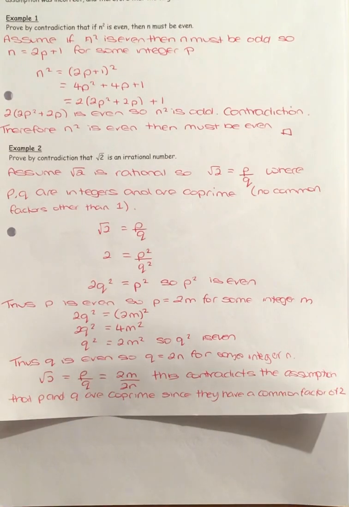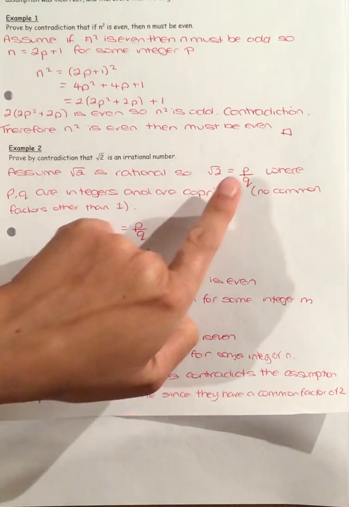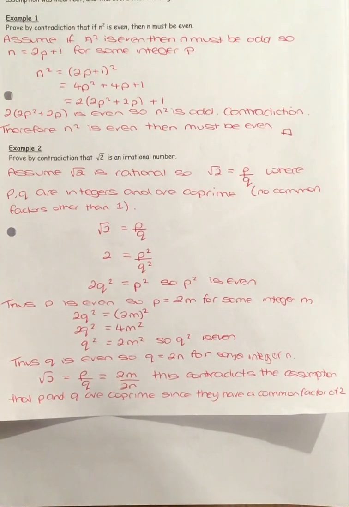So if they are not co-prime, then there is no way of writing root 2 as a fraction in its simplest form. So there's no way of writing root 2 as a fraction, so therefore root 2 must be irrational.